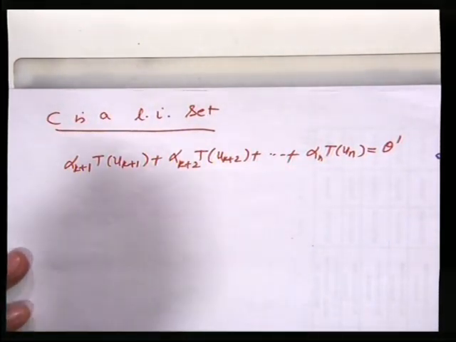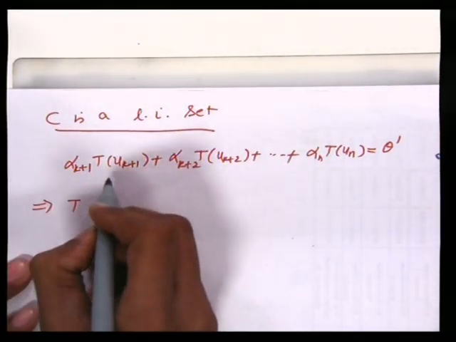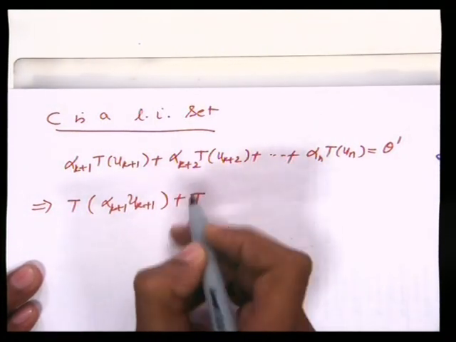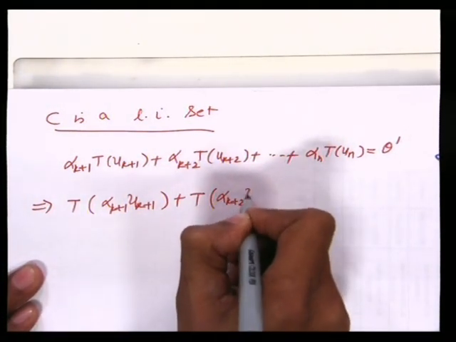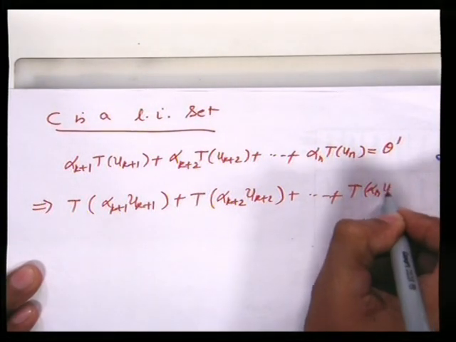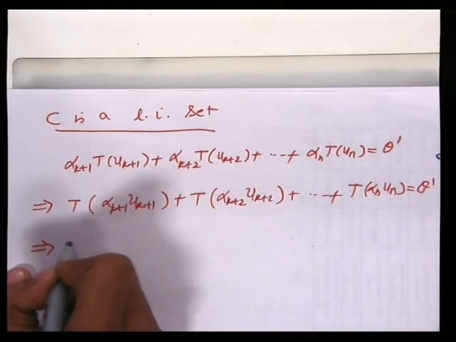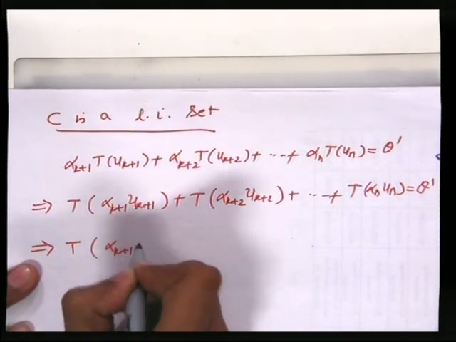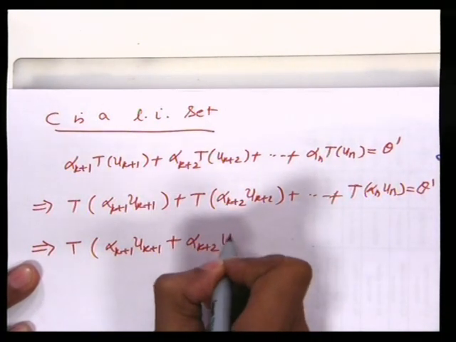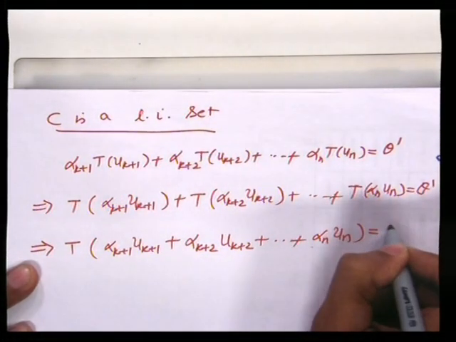Since T is a linear transformation, we can write this as T of alpha k plus 1 uk plus 1 plus T of alpha k plus 2 uk plus 2 plus up to T of alpha n un is equal to theta dash, which implies T of alpha k plus 1 uk plus 1 plus alpha k plus 2 uk plus 2 plus up to alpha n un is equal to theta dash.